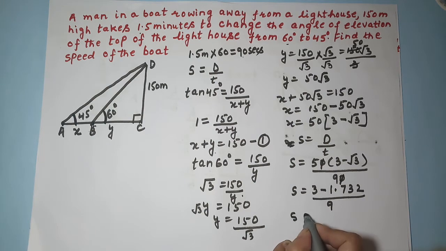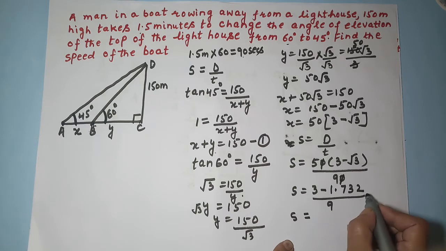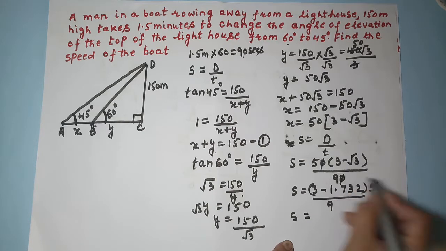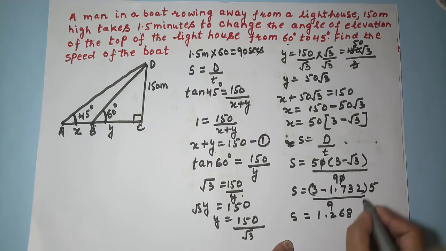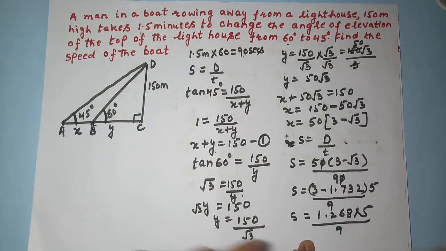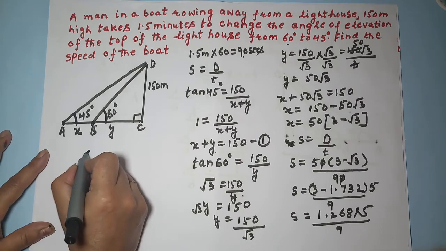So my S will be, if I subtract 1.732 from this, what am I going to get? I have this 5 also along with this. This 5 will be there. So I will get 1.268 into this 5 upon 9. So 5 into this is 6.340.